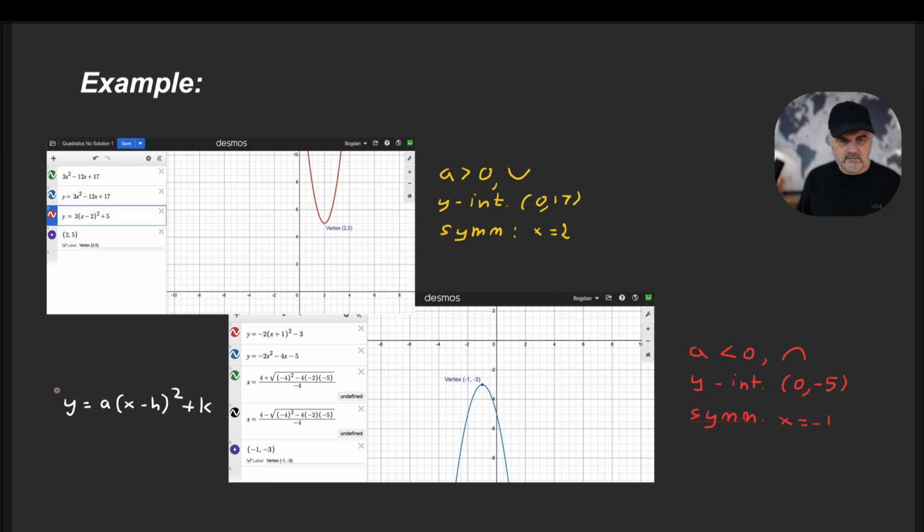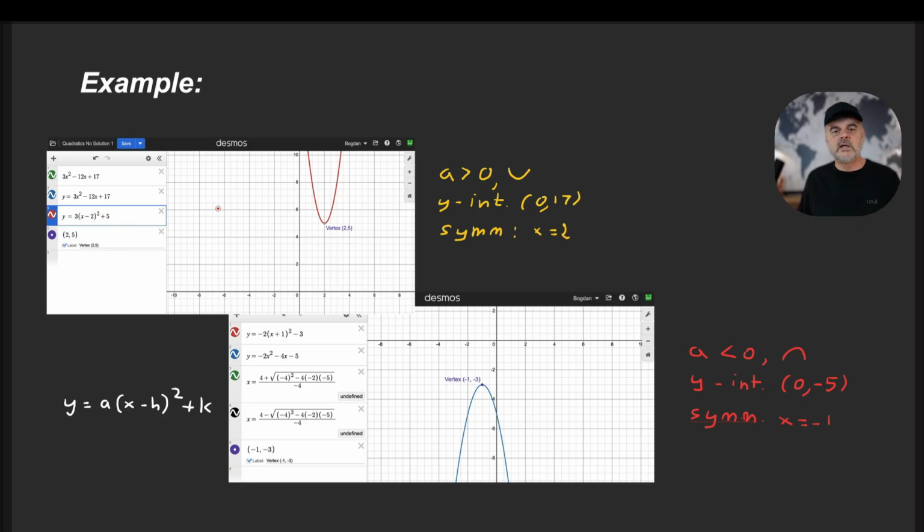There is a form of parabola called the vertex form. I'll tell you later how that is developed. But for now, when you enter using that form, it allows you to identify the vertex coordinates directly from the form. For example, 3 times (x minus 2) squared plus 5 tells me that the vertex is at 2 and 5.